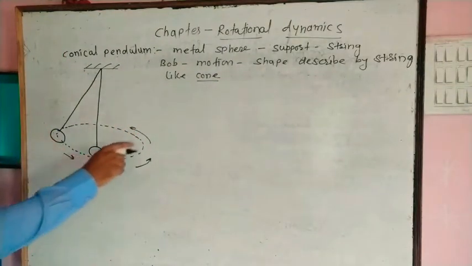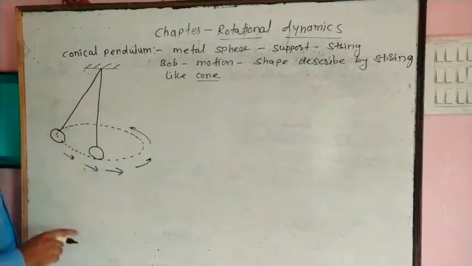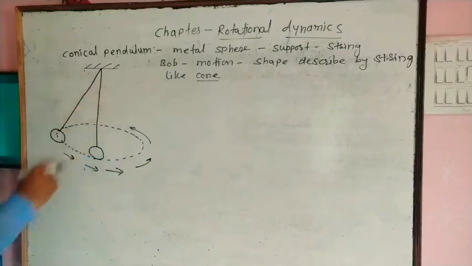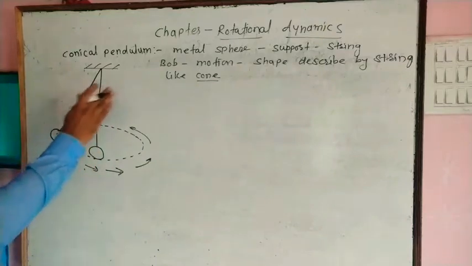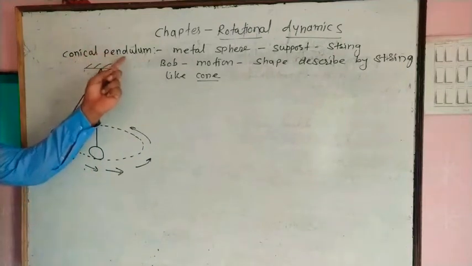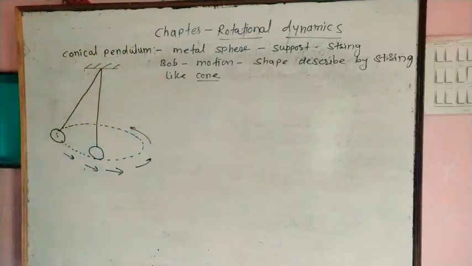When the bob is moving along the circumference of a circle, the shape described by the string is like a cone. Therefore this pendulum is known as a conical pendulum.